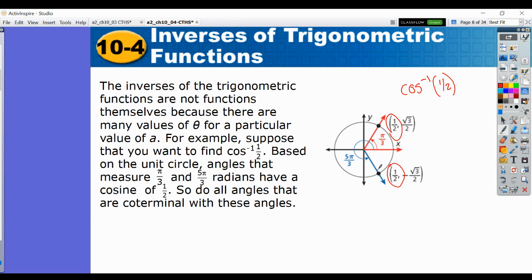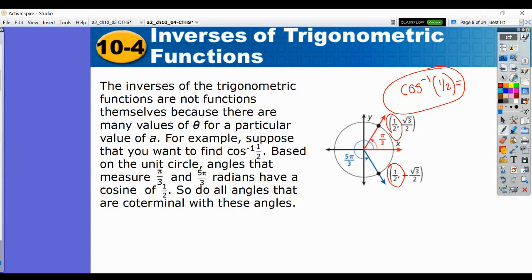Even more, there's an infinite number of answers, because I can keep going around the circle, adding 2 pi, add 2 pi, add 2 pi, and I will get more and more answers. Lots and lots and lots. It's going to be pi over 3 all the way around and around, or also 5 pi over 3 around and around.